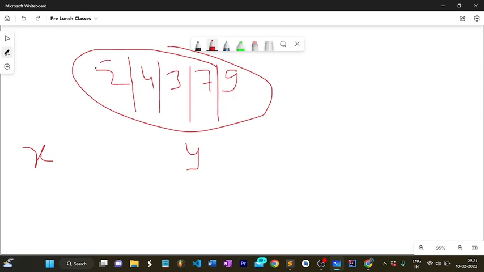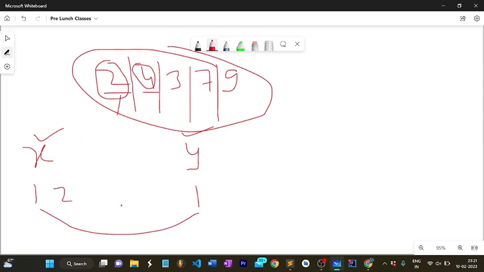Can't we say that if we divide the individual digits, like here 2, then I can divide 2 as 1 and 1. So if we divide each digit equally among x and y, and when we sum this, then 1 plus 1, we will get 2 in this place. For 4, we will divide 2 and 2, so when we sum this, we will get 4 here in the second place.